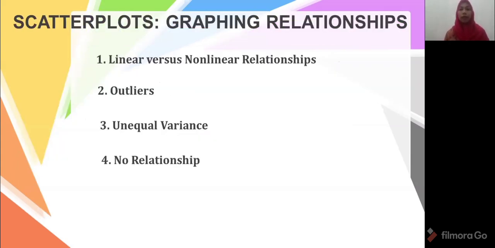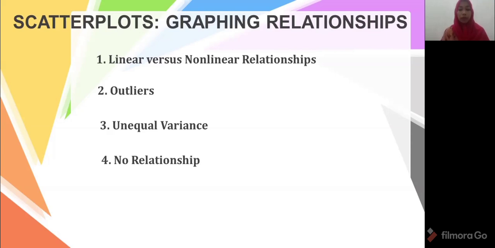Scatter plots graphing relationship, linear versus non-linear. Scatterplots are extremely useful for detecting behavior that might not be obvious otherwise. We illustrate some of these in the next few subsections.